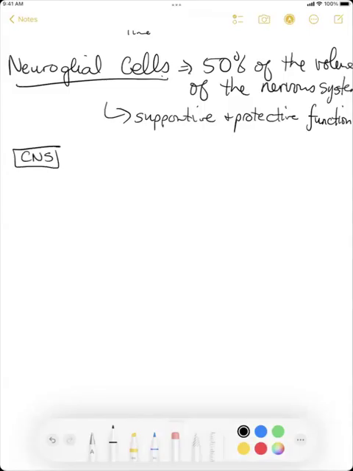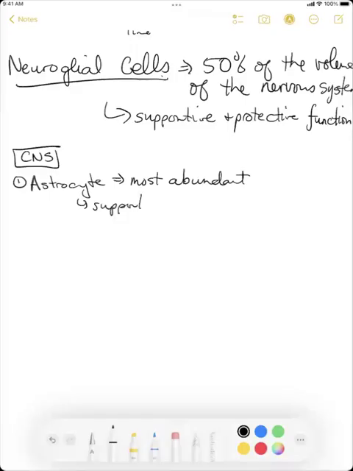In the central nervous system, the most common neuroglial cell is something referred to as an astrocyte. And an astrocyte, this is the most abundant. They offer a supportive role, so they support the neural tissue.